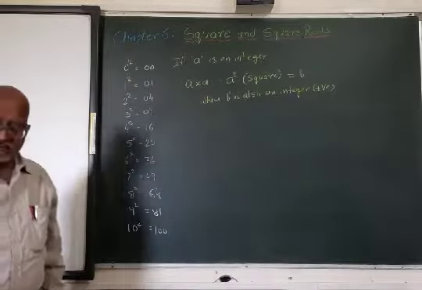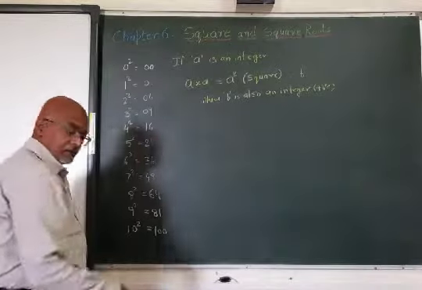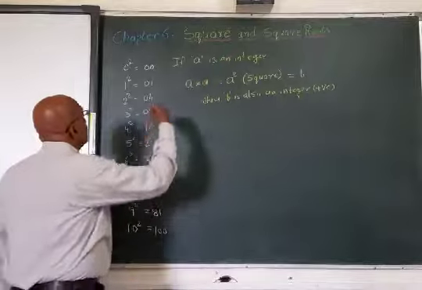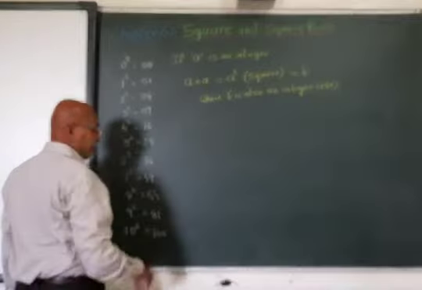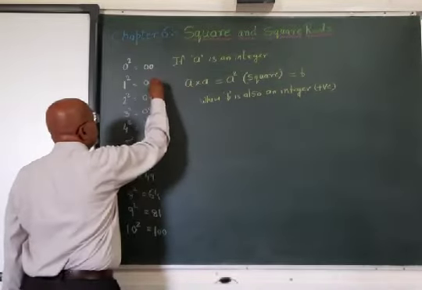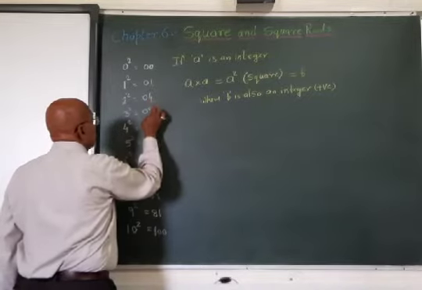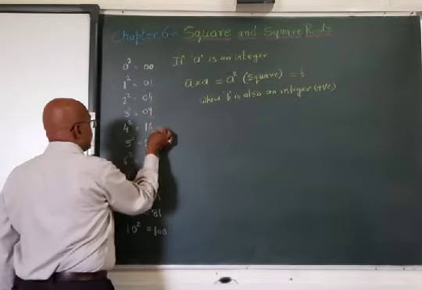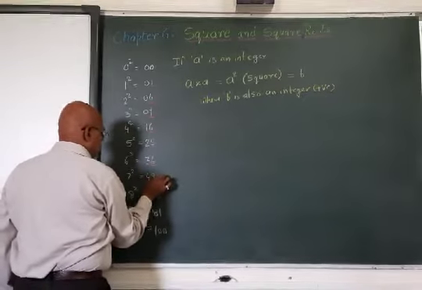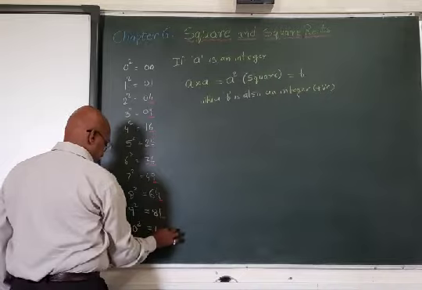Now see the thing here. I will take another color chalk. I am just marking the ones place digit here. So here it is 0, 1, 4, 9, 6, 5, 6, 9, 4, 1, 0.